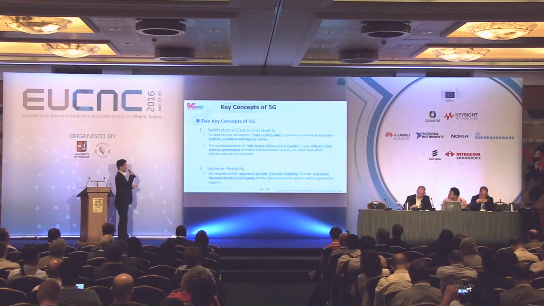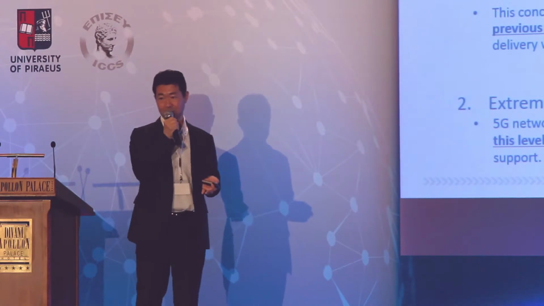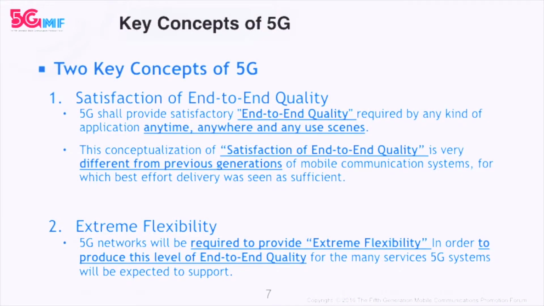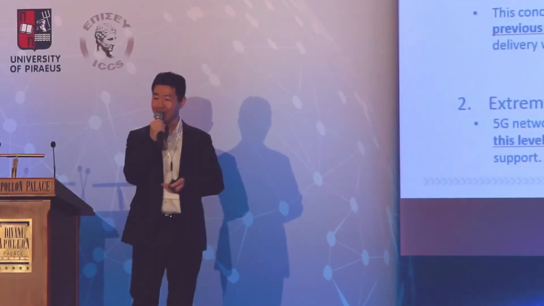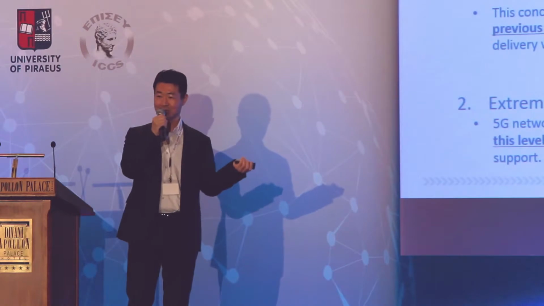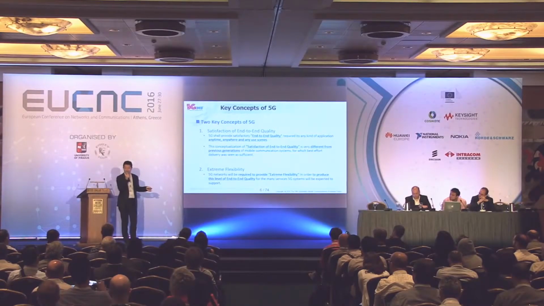Satisfaction of end-to-end quality. End-to-end quality is the most important for our users. So yesterday, all my friends and I went to Sunio, a very nice place, and we took nice pictures there. On our way back to our hotel, we were talking about sharing all these great pictures, right?